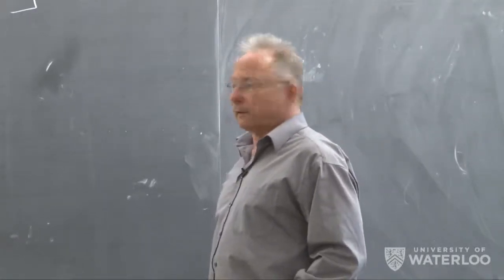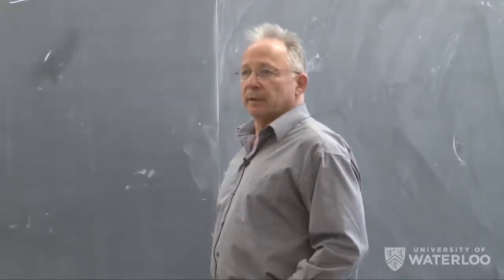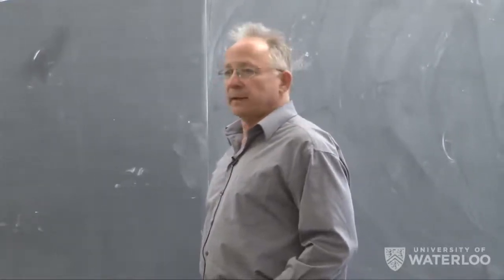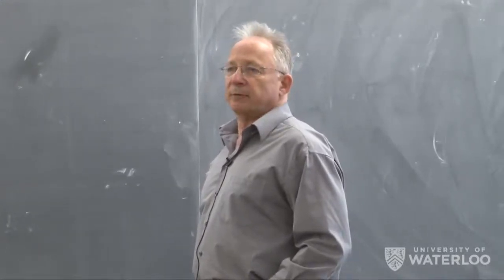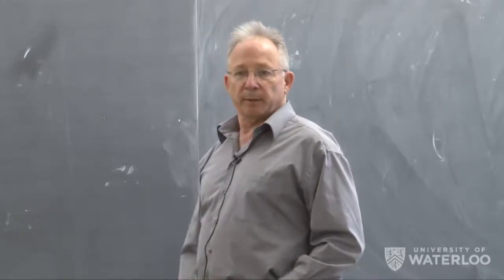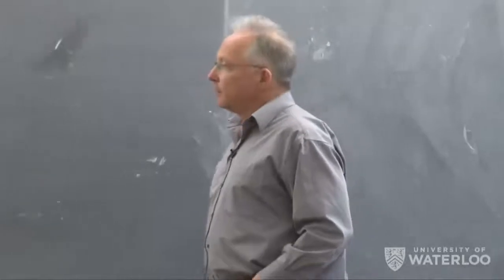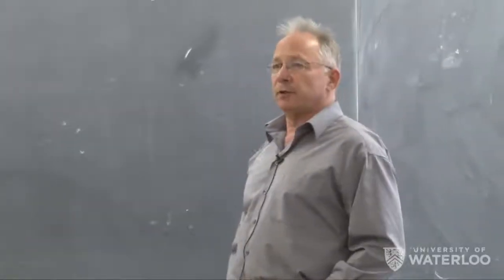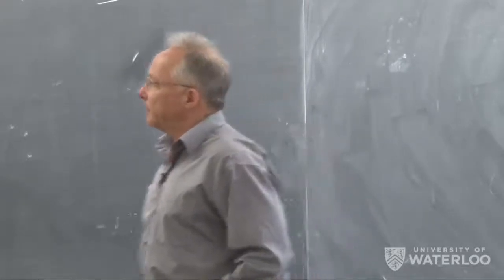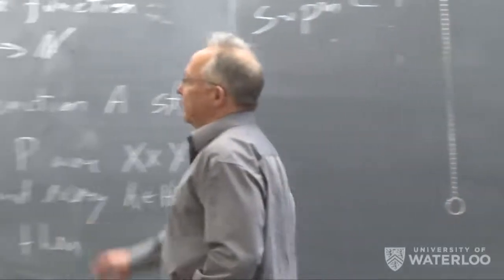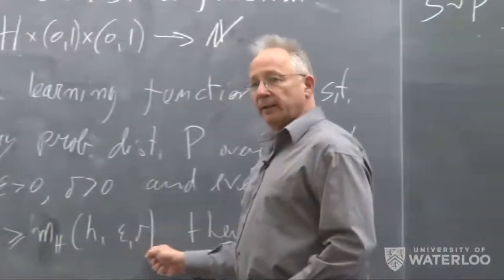I discussed this definition last time, but let me repeat the main points. The main points to understand, first of all, are in what sense it is different than the definition of PAC learnability, and then what is the meaning of this definition. The first difference is here. Before, we wanted a function that takes inputs just epsilon and delta.